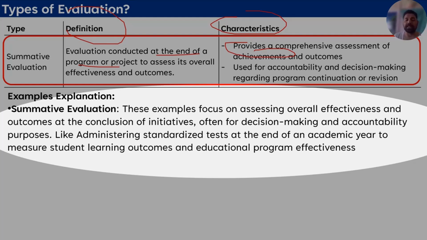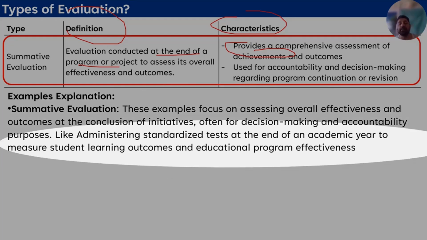You have completed an initiative, so it gives you the overall information related to its effectiveness and outcomes, often for decision making and accountability purposes, like administering standardized tests at the end of an academic year to measure student learning outcomes and educational program effectiveness.